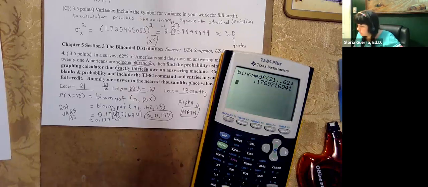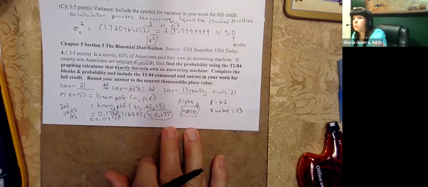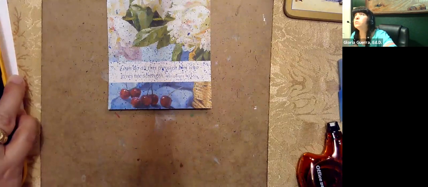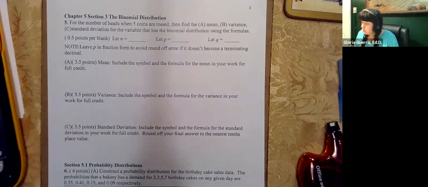Okay, let's go to the next one. Okay, so for the number of heads when 5 coins are tossed, find the mean and the variance and the standard deviation for the variable that has the binomial distribution using the formula.